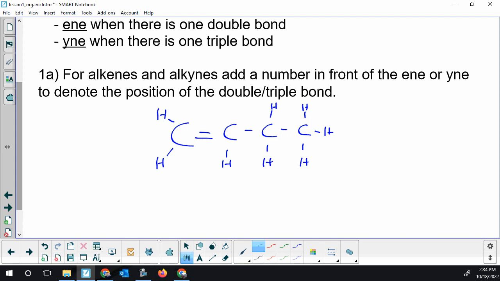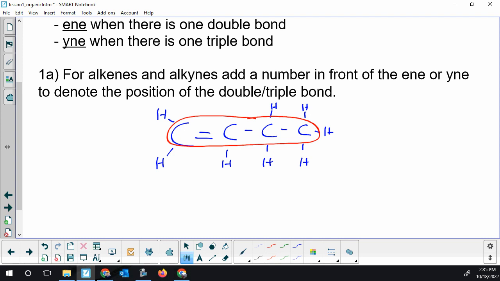So we've got to do one extra step that we haven't seen before in the anes. We would find the longest chain. That's not new. Now, when you have a double bond, you must include it in the longest chain. So it becomes find the longest chain with the double bond in it. Here, there is just a straight chain.